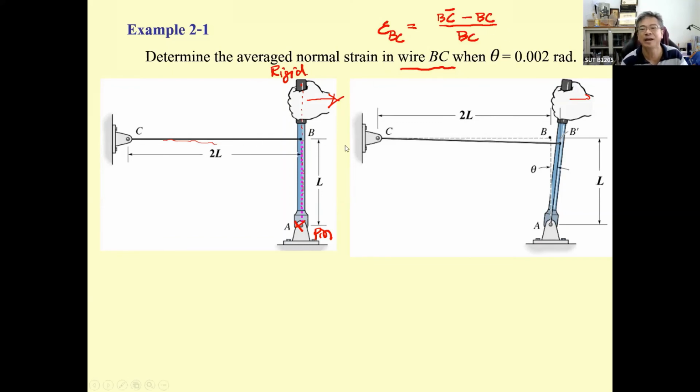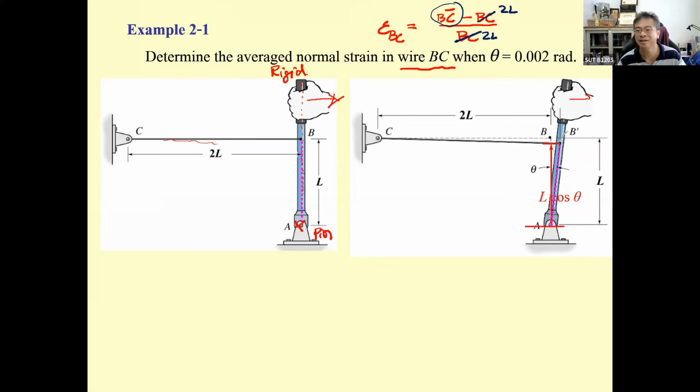BC we know, it is going to be 2L, and this one also 2L. So what is going to be B prime C? By doing this, we have to understand the pink line here. When you move it, it's going to be this one.